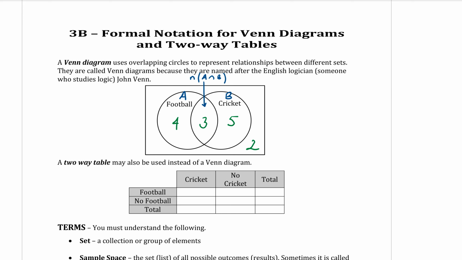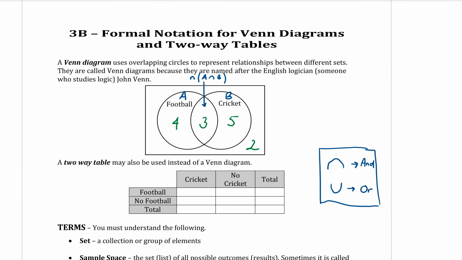Okay, so that upside down U, I'll write it over here on the side as a little reminder. The upside down U, you can read that as the word and. The going the right way U is or, when we get to that one in a minute.